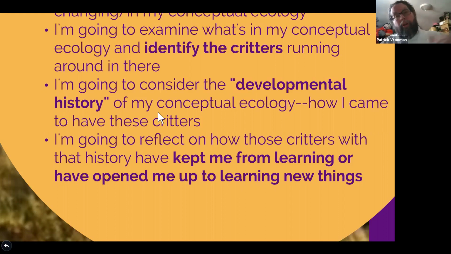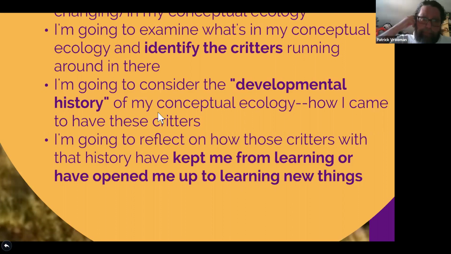And so part of what you may do in this paper is say, the reason I changed a concept or the reason I didn't change a concept was because this thing got in my way, or this thing helped me out, and there's a developmental history to it. This critter in my conceptual ecology, there's a history to that thing. And you could write about the history of your conceptual ecology. You could write about the history of some of those critters that are influencing what you've learned or not learned, okay?